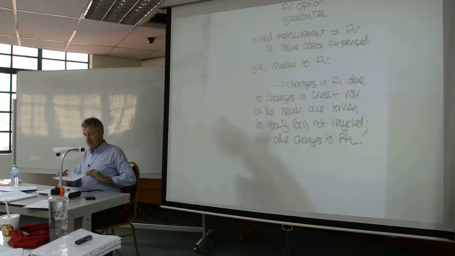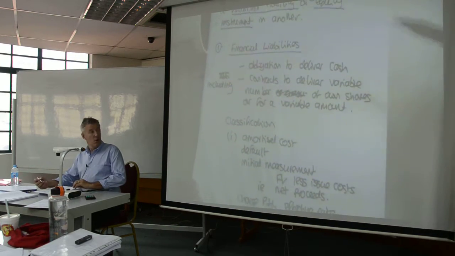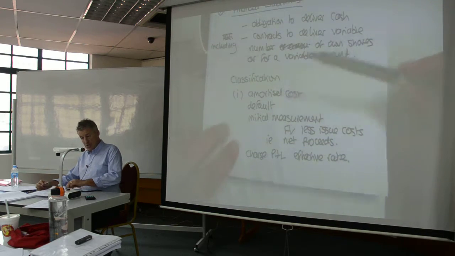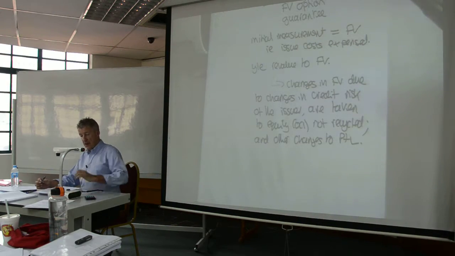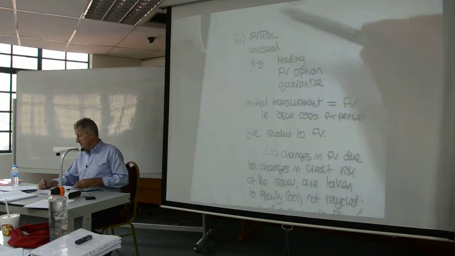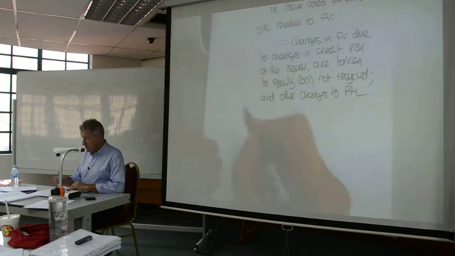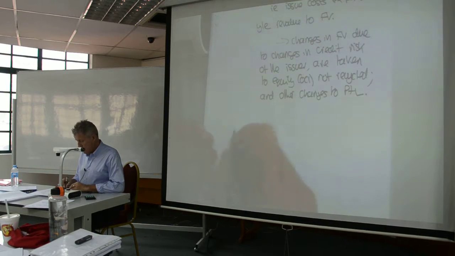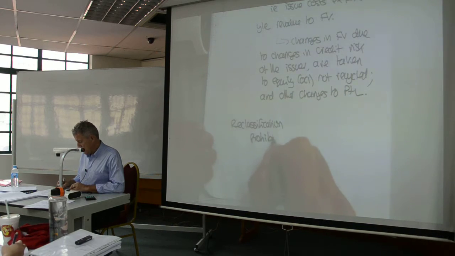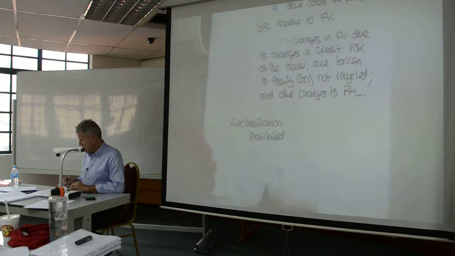In terms of financial liabilities, we are classifying two types of financial liabilities, amortized cost, and we are classifying the other type of financial liability as fair value through P&L. Let me just conclude, and then we'll do some examples. Reclassification is basically prohibited. So we're not allowed to switch once you've made that.